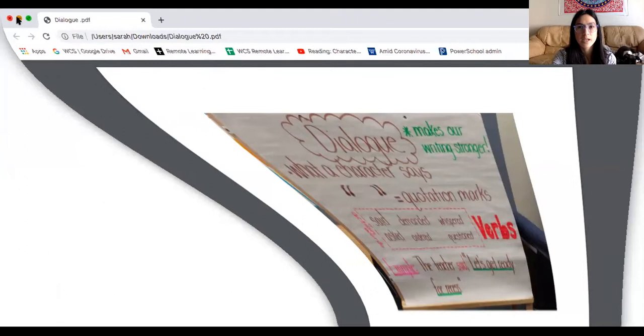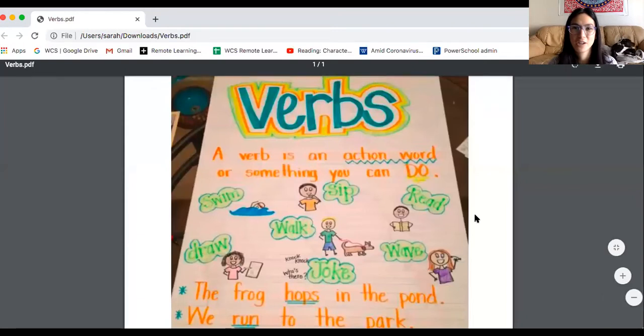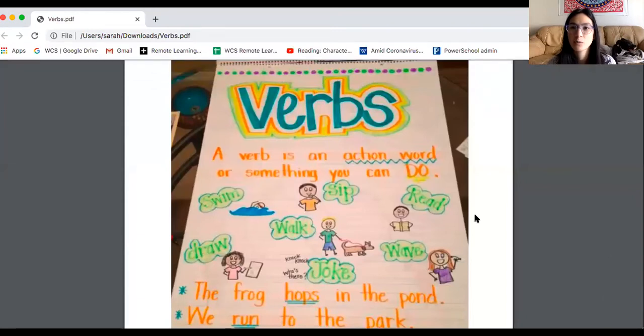So if we look at this sheet right here, we see this is a poster full of lots of different types of verbs.